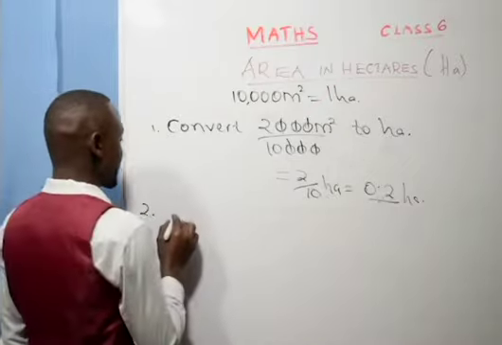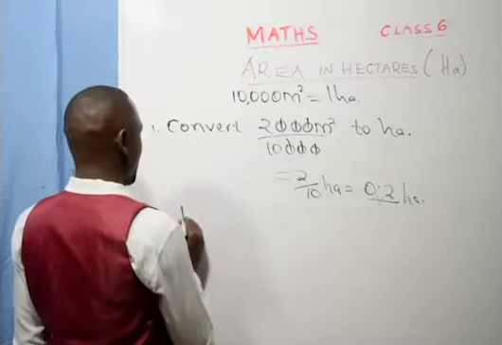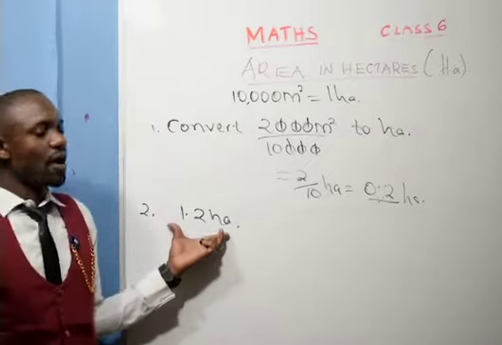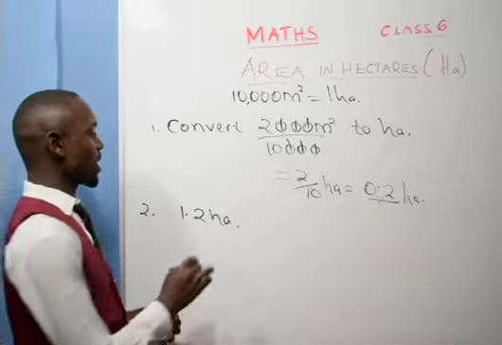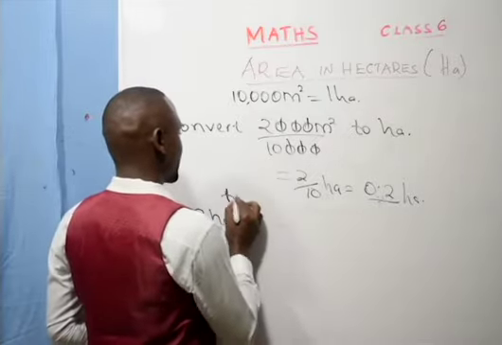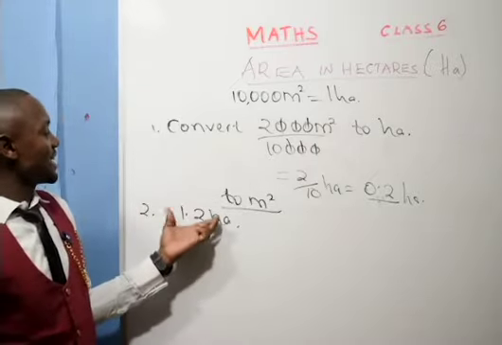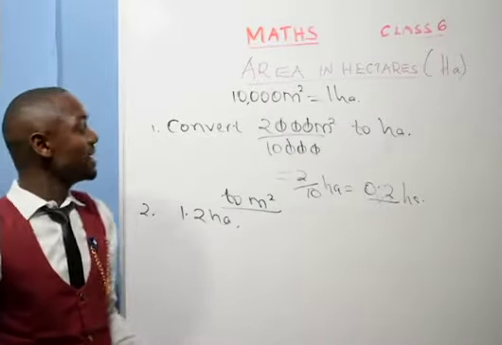Then you are told a piece of land has an area of 1.2 hectares. What is the area of that piece of land in square meters? To convert area in hectares to square meters, we multiply by 10,000.